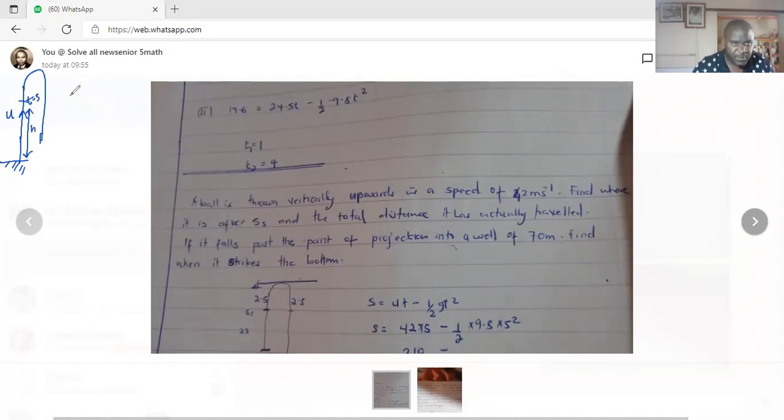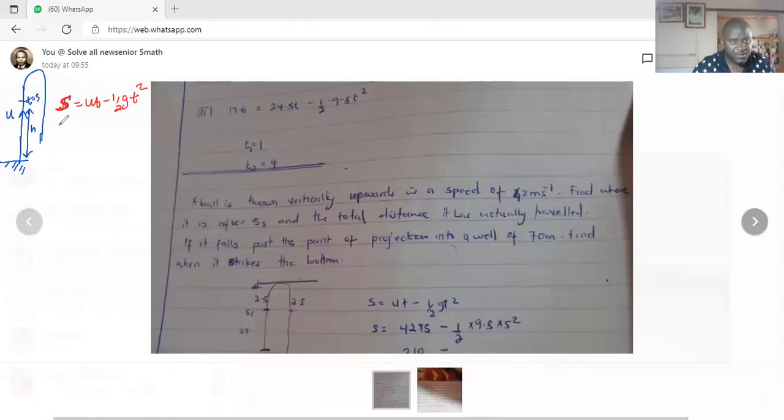Okay, so Shakira, what is the equation for vertical displacement? S is equal to UT minus half GT squared. Okay, thank you.